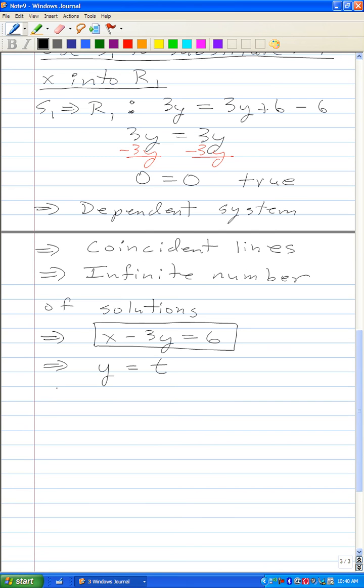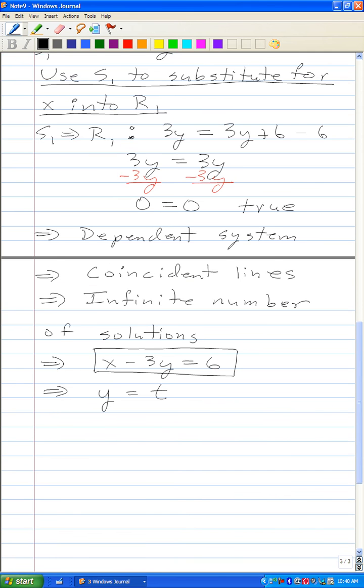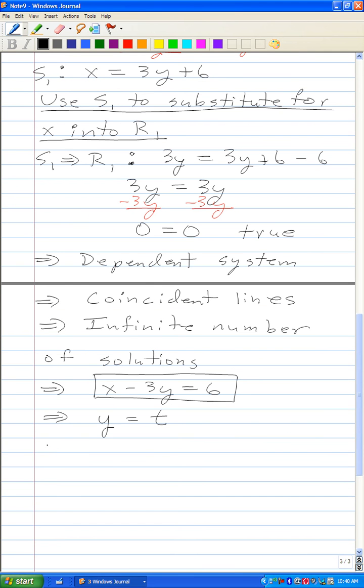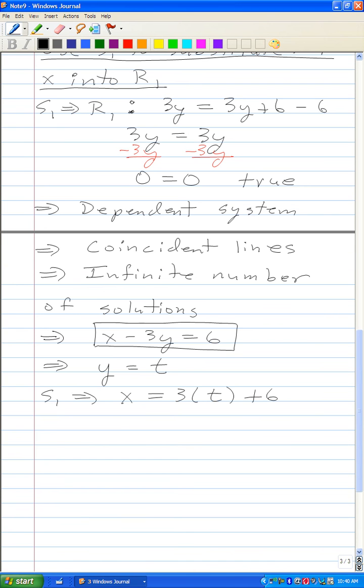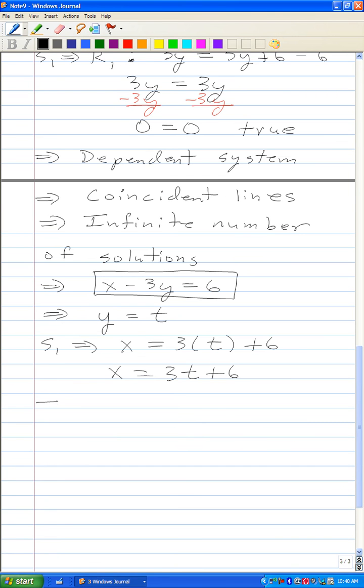So then from S1, I get that x equals 3y, but y is t, plus x. And so I get x equals 3t plus x. Therefore, the solution to my system can be written as, well, x is 3t plus x and y is t.